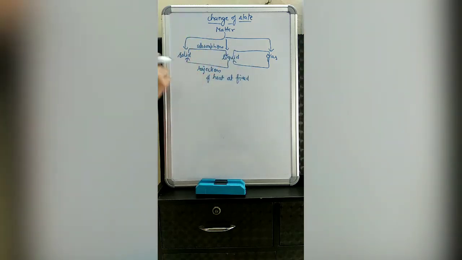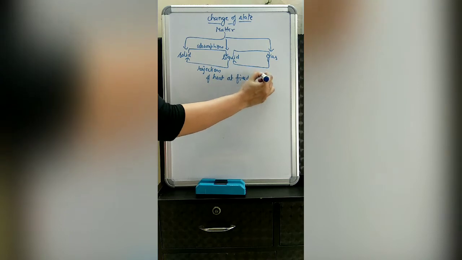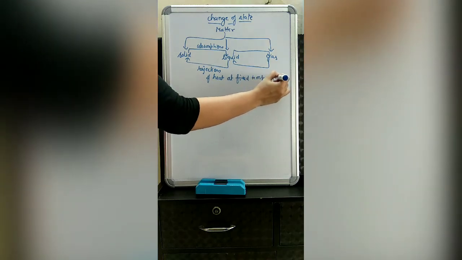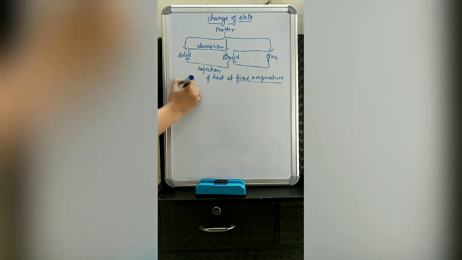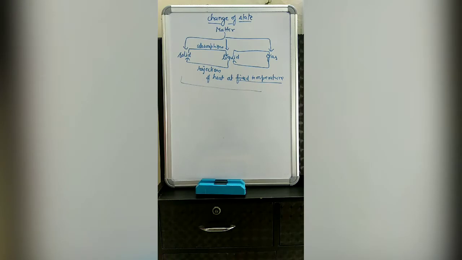This will happen only at a fixed temperature. So these are the key words. Either by absorption or rejection of heat at a fixed or constant temperature is known as the change of state.